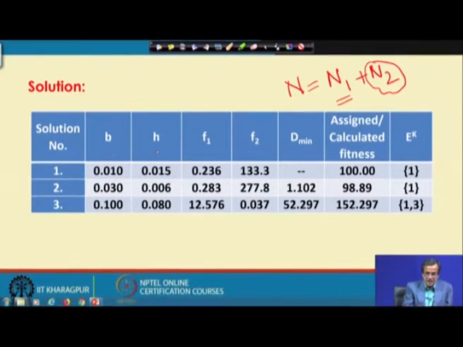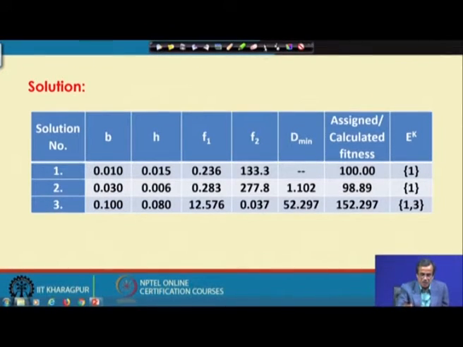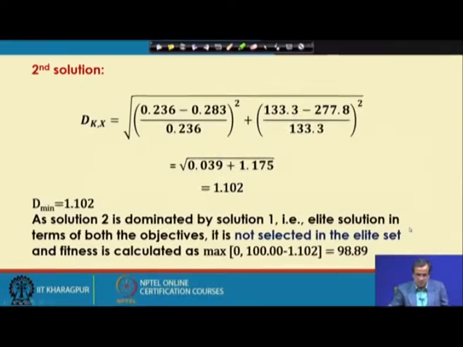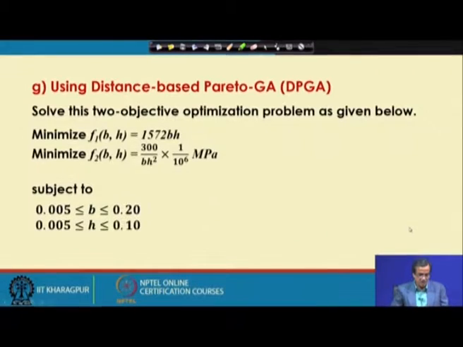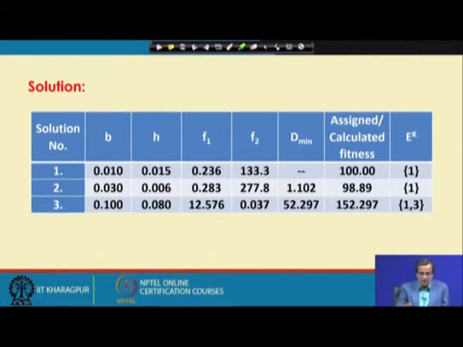Now, if I substitute this b and h in the expressions for f 1 and f 2, I will get the numerical values for f 1 and f 2.